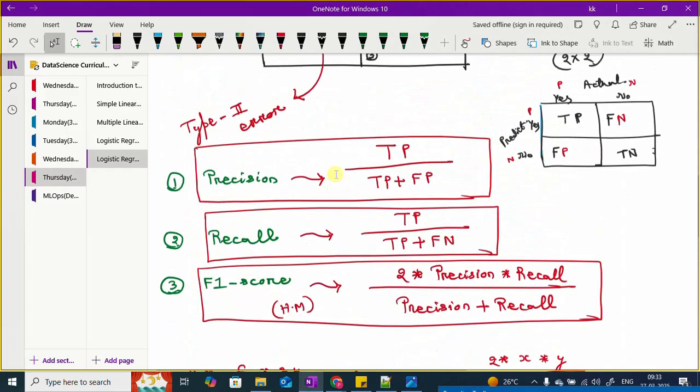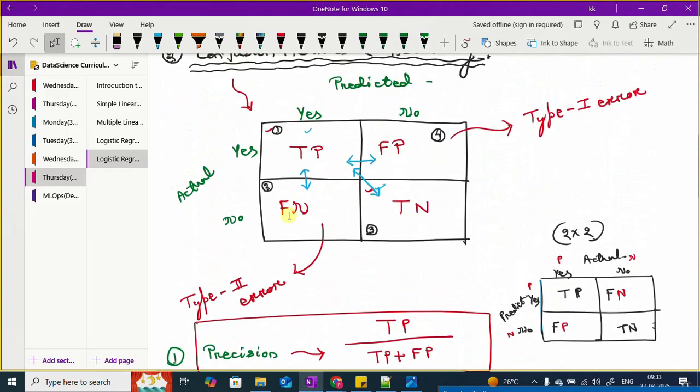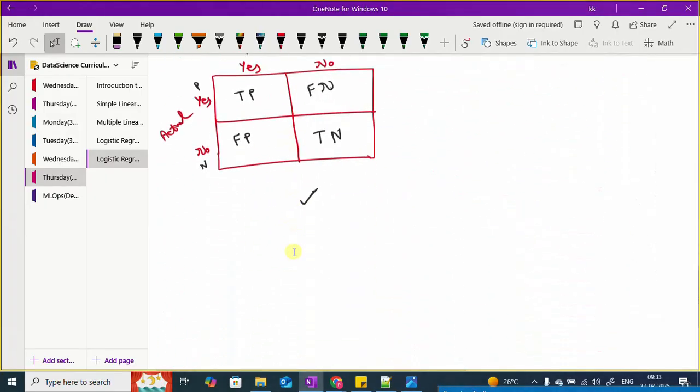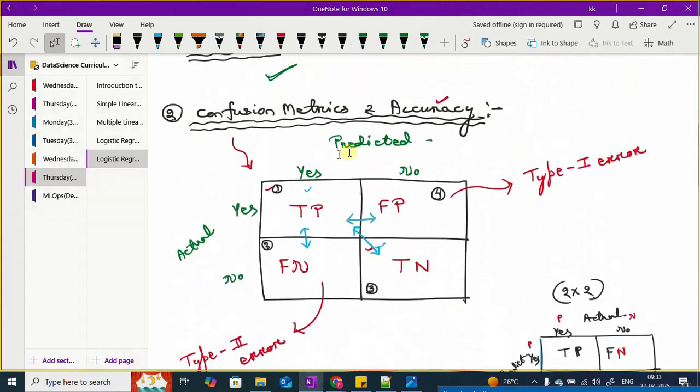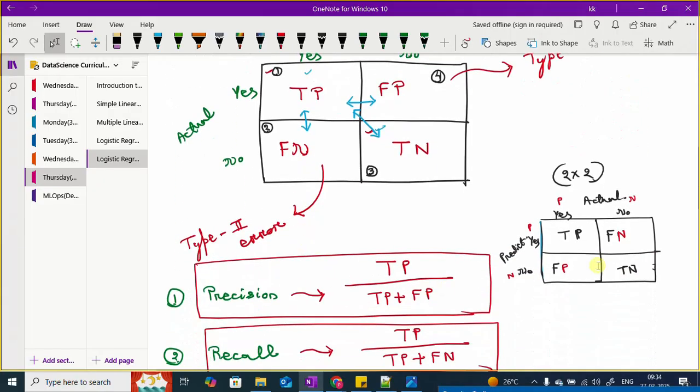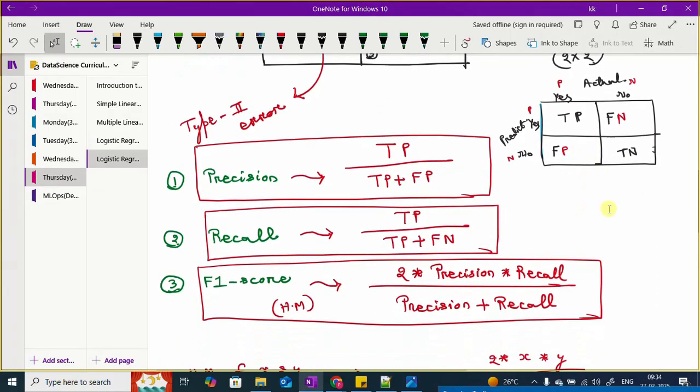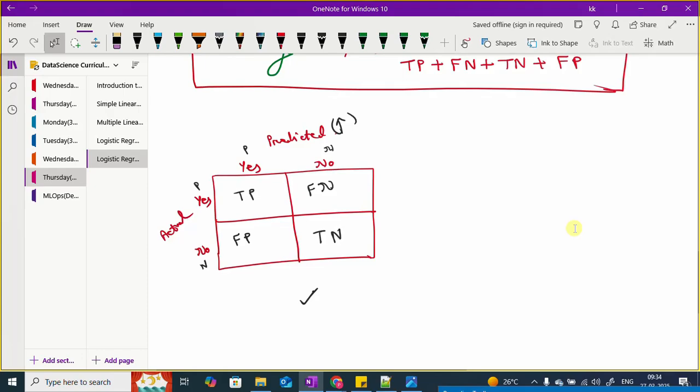Why? Because you are expecting it should be written like this when I give predicted higher priority than actual value. But here I'm giving high priority to my actual value. Based upon my actual value, I'm writing positive or negative. You getting my point? For this also I can draw one more diagram. Let me complete, then I'll come back to your question.